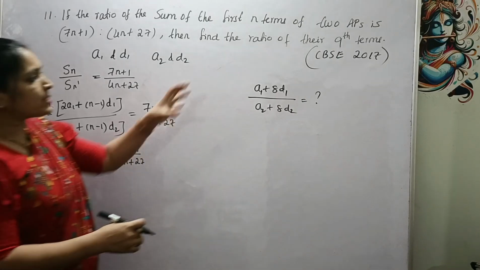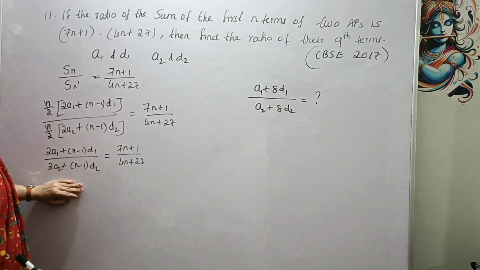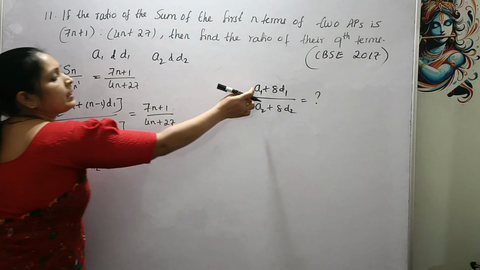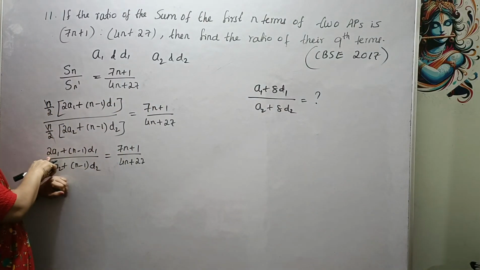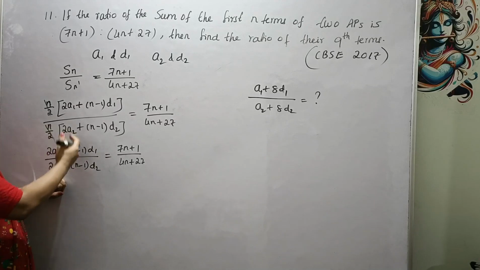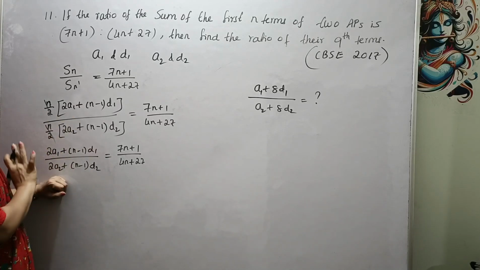Now let's make it in this form. The coefficient of a1 is 1 here and 2 there, so let's make it 1 by dividing numerator and denominator by 2.